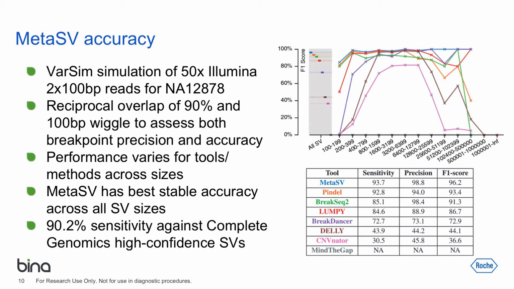And we compared the MetaSV results against the high quality deletions from Complete Genomics for NA12878, and we achieve more than 90% sensitivity. Since Complete Genomics is a different technology compared to Illumina, this 90% sensitivity also implies a high level of accuracy for MetaSV.